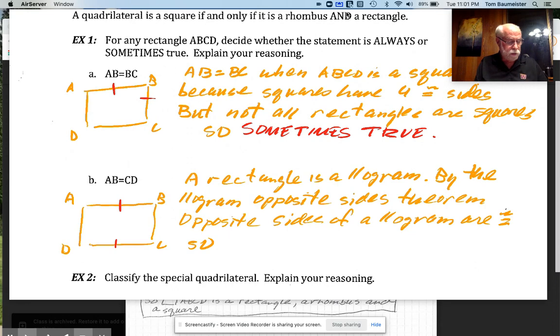So on this one here, remember the question was decide whether a statement is always or sometimes true. In this case, it's going to be always true.